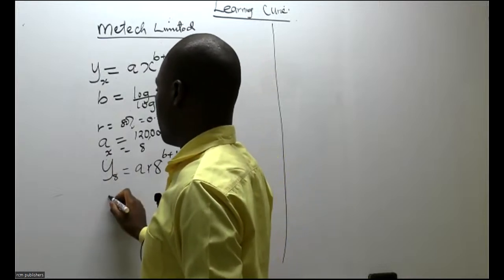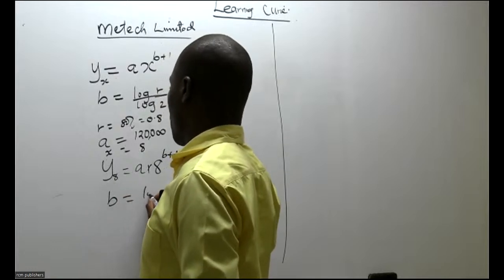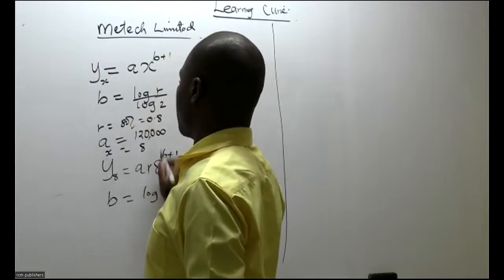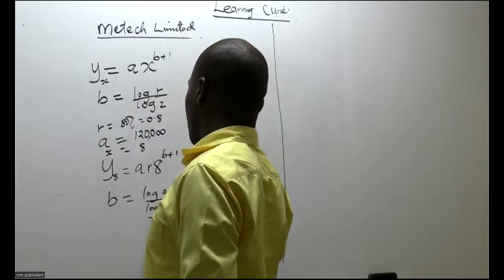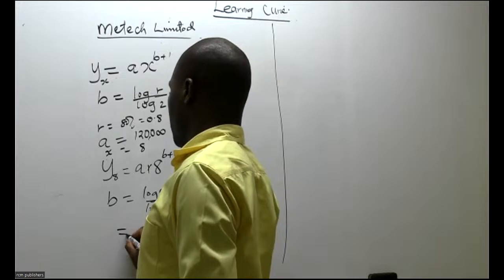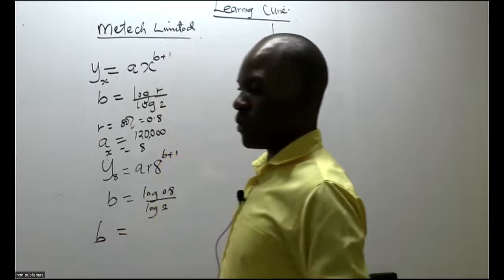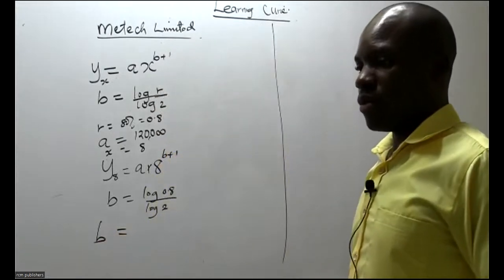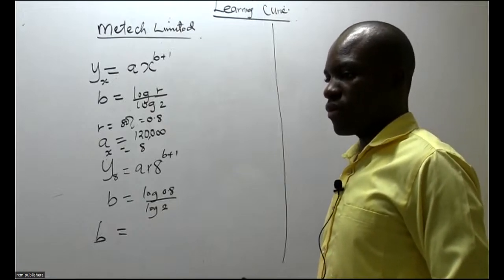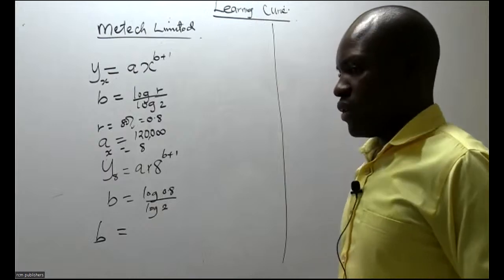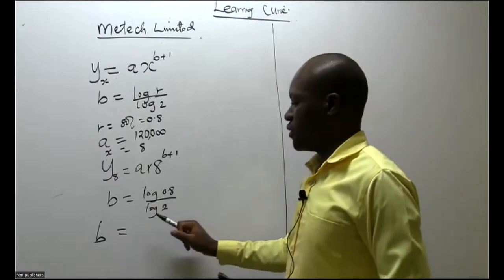We know very well that b is equal to log r, which is 0.8, divided by log 2. So what will be the value of b? Somebody give us the value of b. Just go to your calculator: log 0.8 divided by log 2.